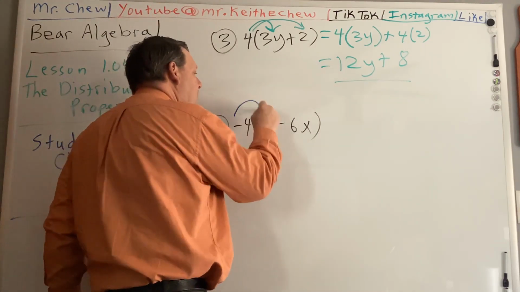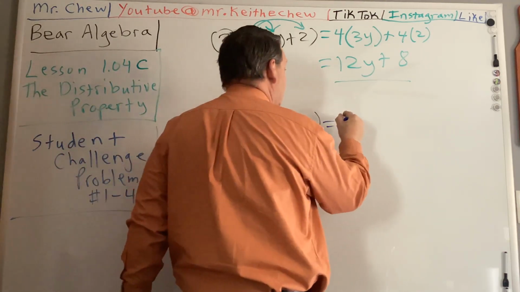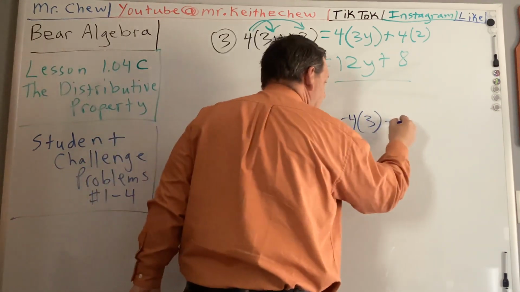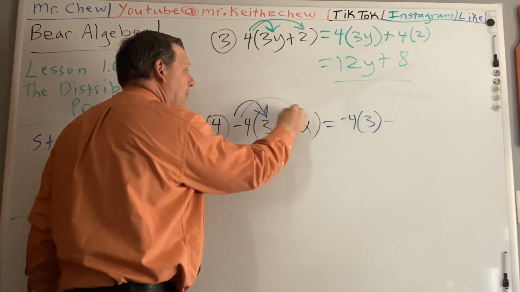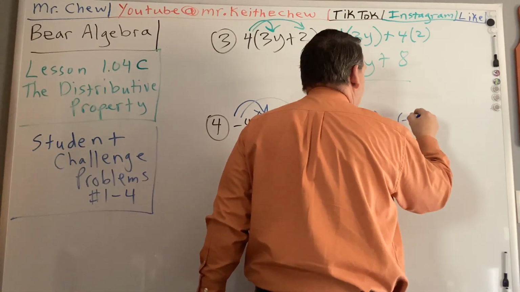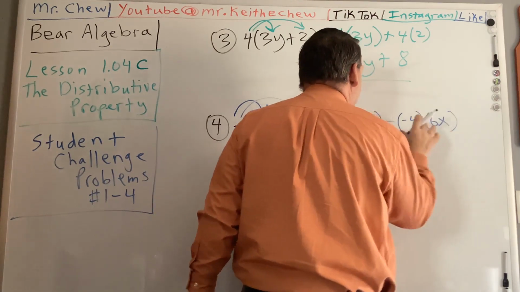Now we do the negative 4, which is on the outside of the parentheses, times the first term, which is 3. We're subtracting, so I put a minus sign. And then the negative 4 times the 6x. And I'm going to put that in parentheses because I need to know that is negative.